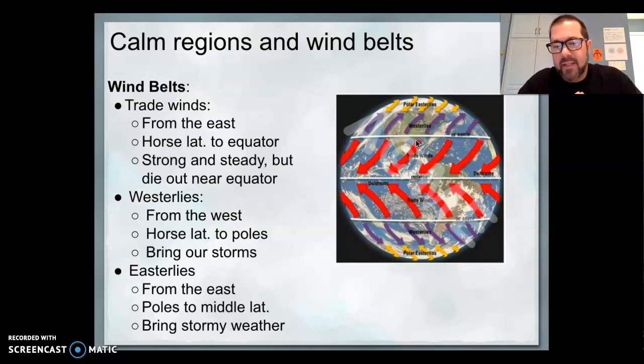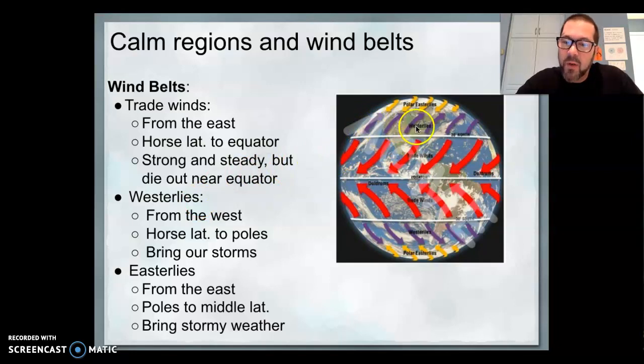They're strong and steady, and they sort of die out once they hit the equator. If you were in Hawaii, you would feel the effects of the trade winds pretty much constantly. They don't stop. For our purposes here, the westerlies are the most important of the global wind belts.